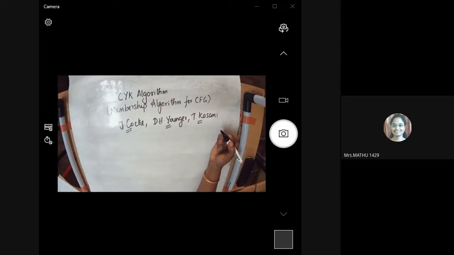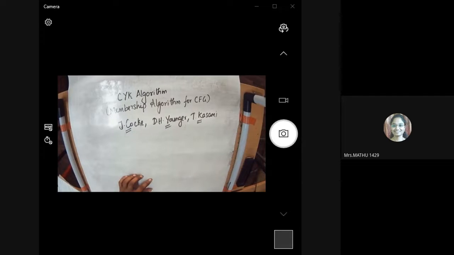This algorithm tells how to find out whether a particular string belongs to a particular language or not. When a string or an input is given, we check whether that is a member of the language generated by the given grammar. We have studied context free grammar and context free language.